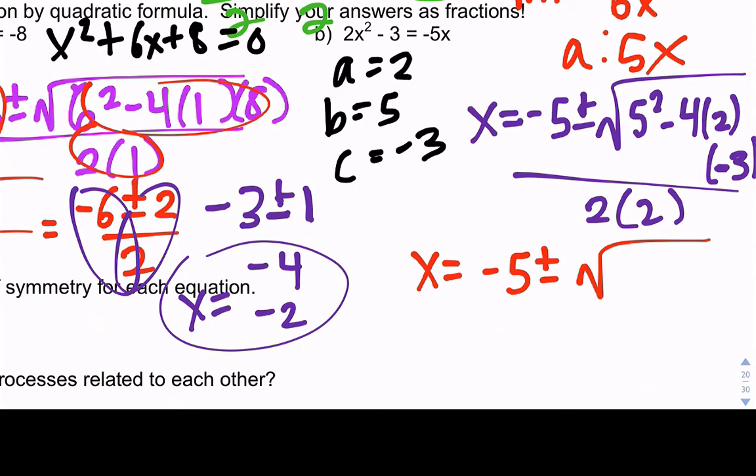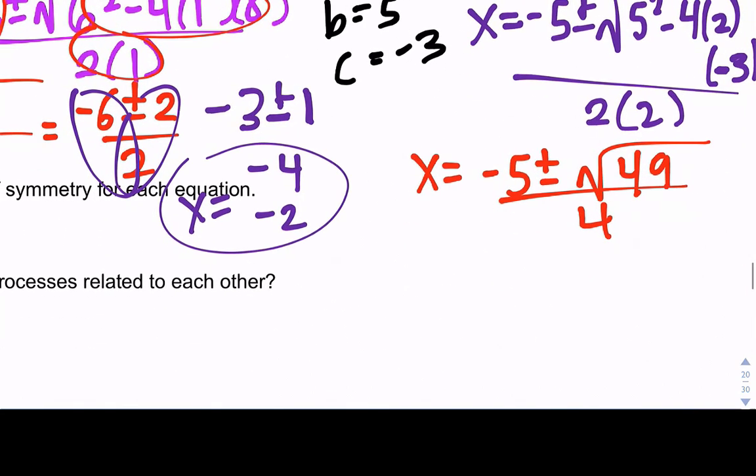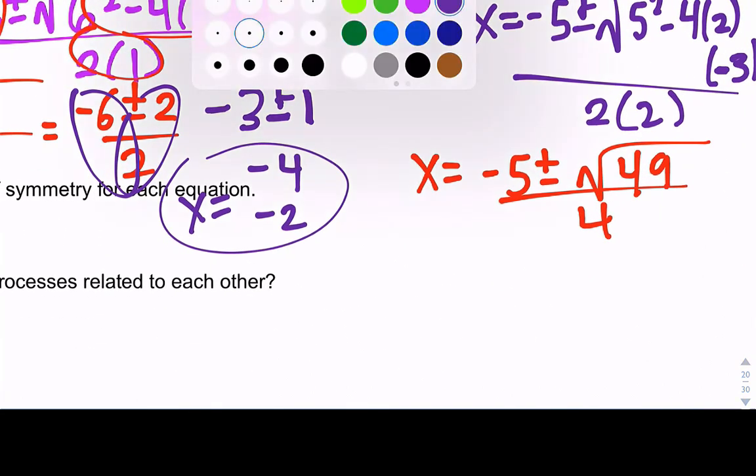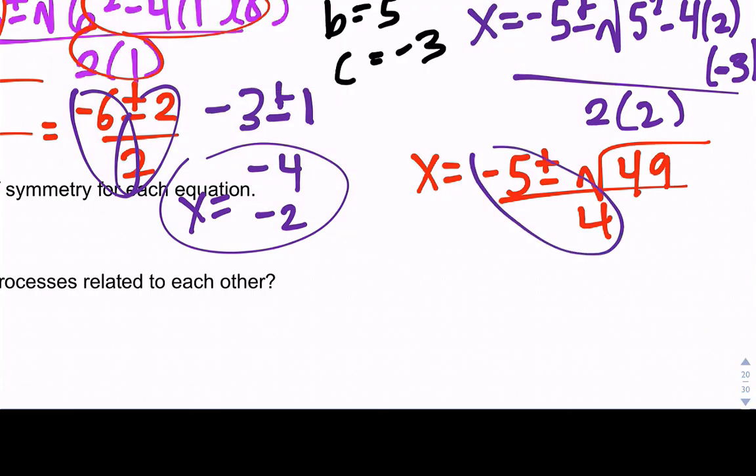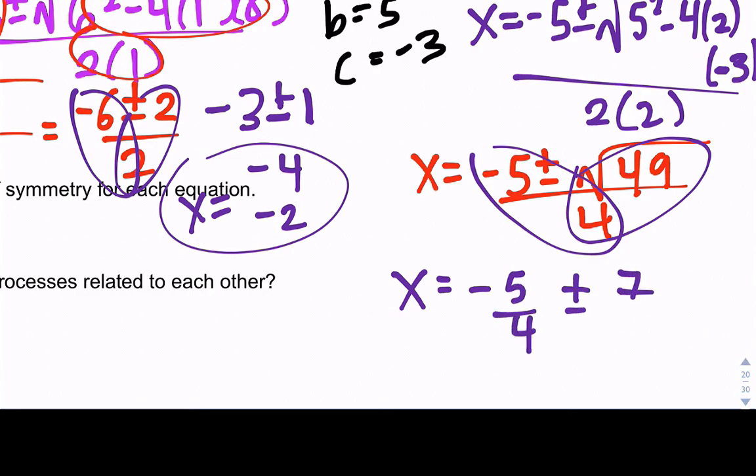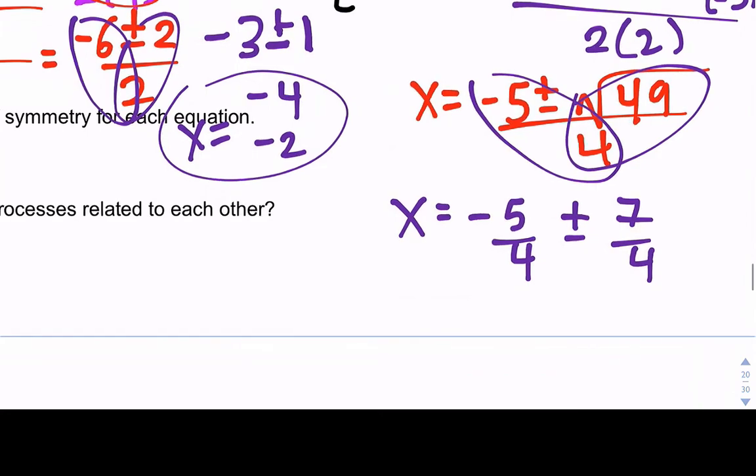Okay, so this is 49, all over 4. And then again, I am going to split this up. We know the square root of 49 is 7, but let's split this up this way. So we get x equals negative 5 over 4 plus or minus 7 over 4. And then we can solve and get our zeros.